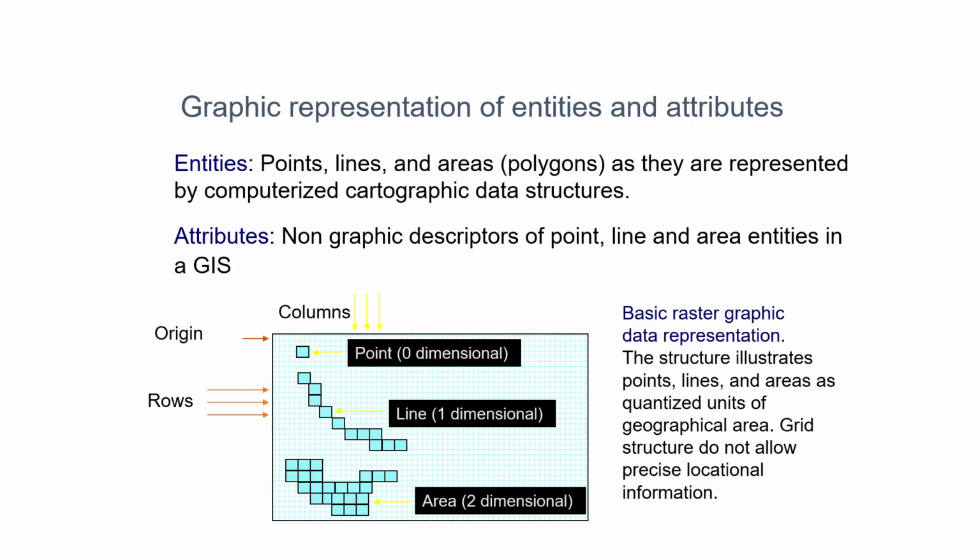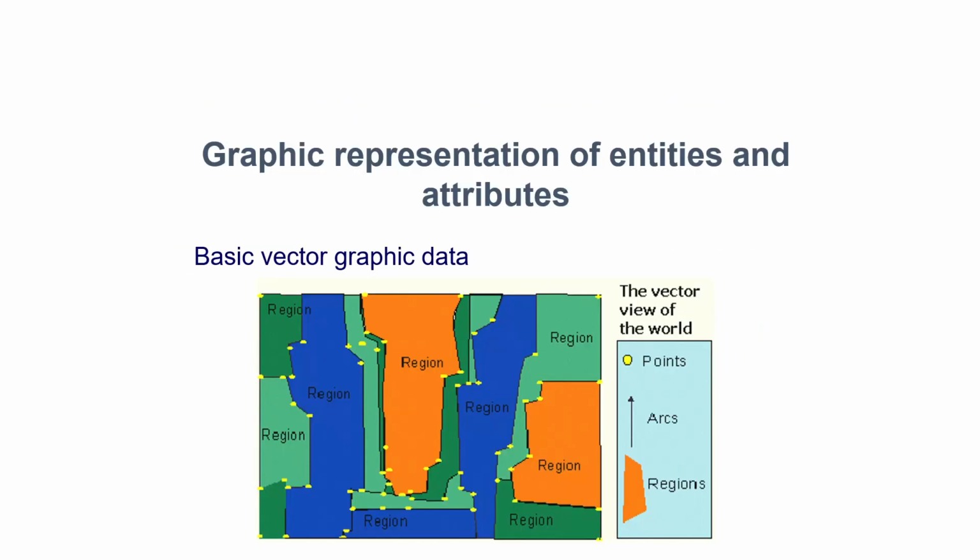The structure illustrates points, lines, and areas as quantized units of geographical area. Grid structure does not allow precise locational information.